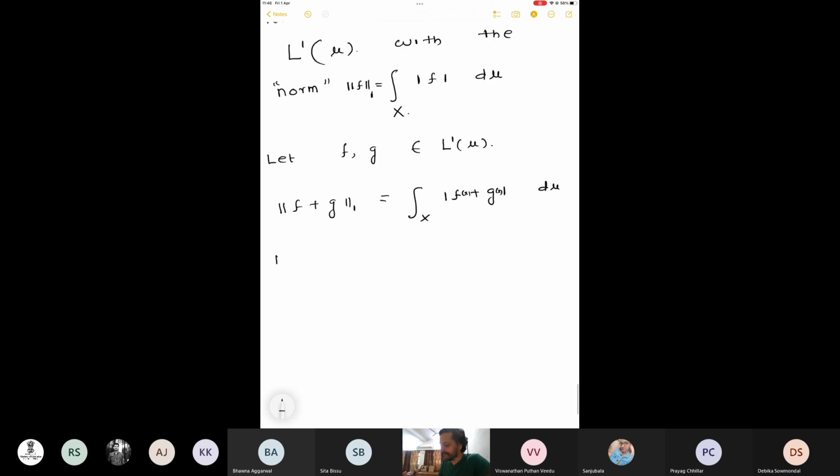But note that modulus of f of x plus g of x is less than or equal to modulus of f of x plus modulus of g of x. Therefore, the integral of this left hand side function is less than or equal to the integral of the right hand side function.